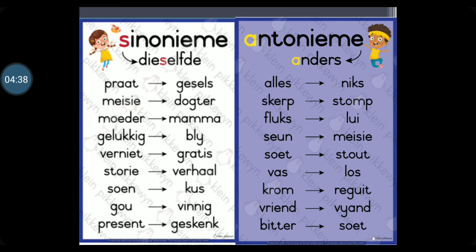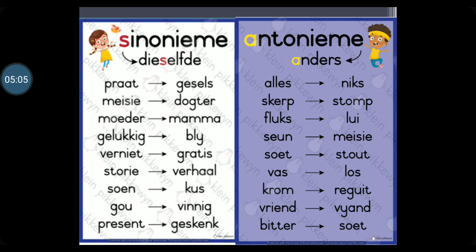Now, please remember that sometimes there isn't a word in English for both of the synonyms. For example, the word talk in English, in Afrikaans there are two words for that one word, praat en gesels, which are also synonyms. There's no way for me to translate gesels or praat in any other way than just one English word, which is talk.